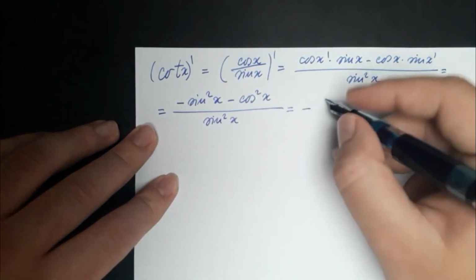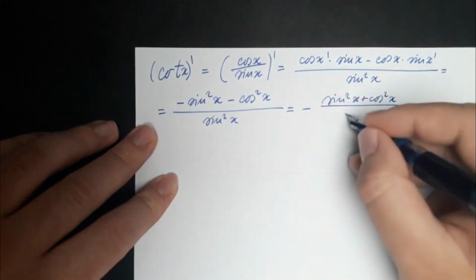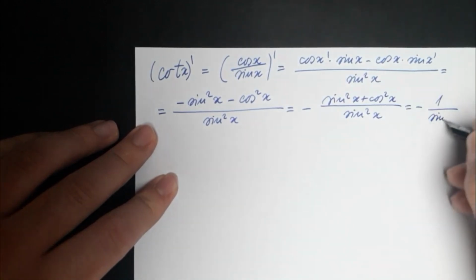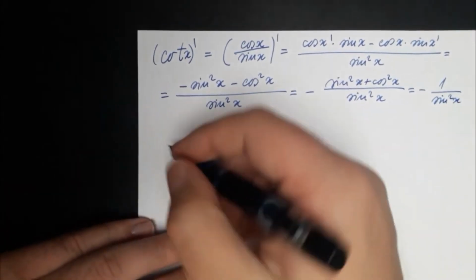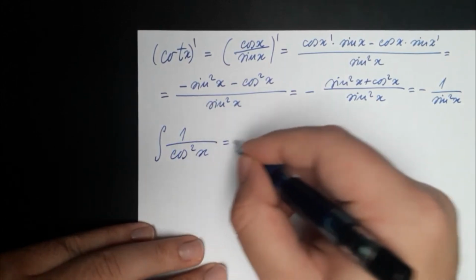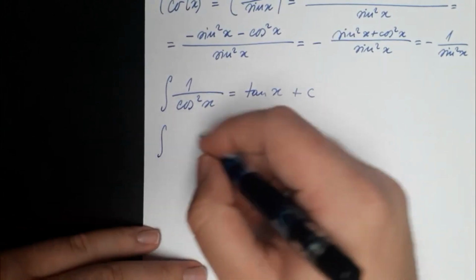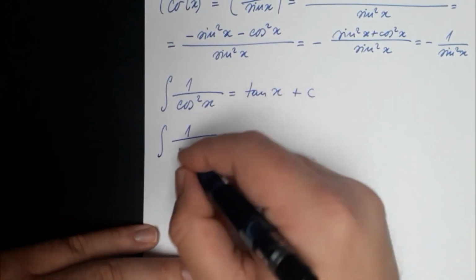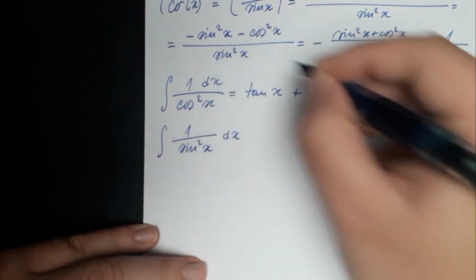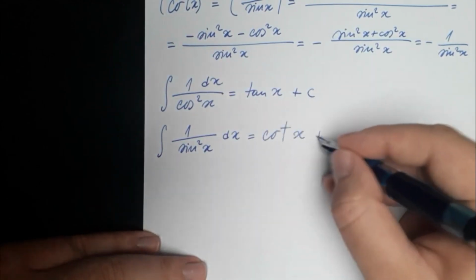So this is negative sine squared x plus cosine squared x divided by sine squared x, which is negative 1 divided by sine squared of x. So an integral of 1 divided by cosine squared x is tan of x, of course, plus c, and an integral of 1 divided by sine squared of x dx is going to be negative cot of x plus c.